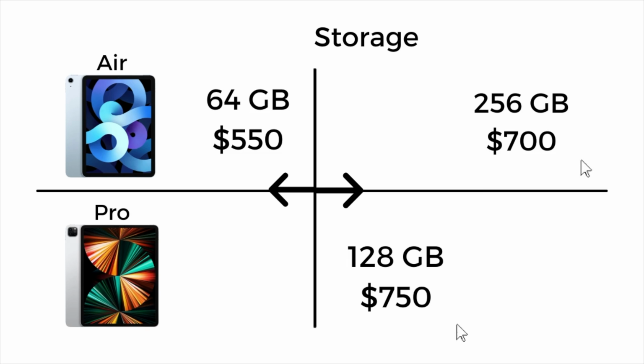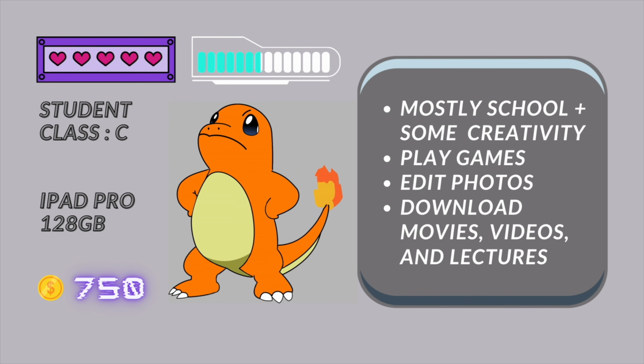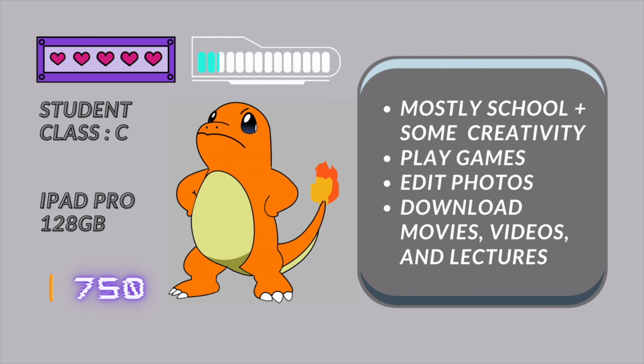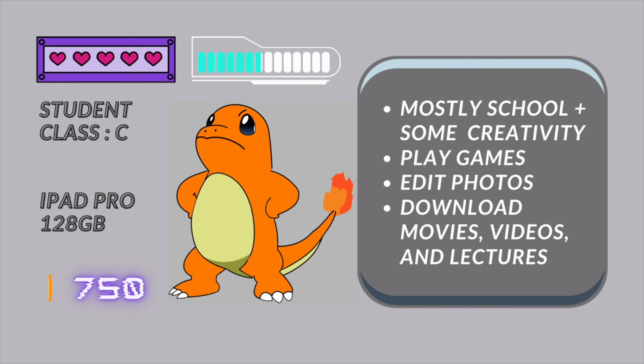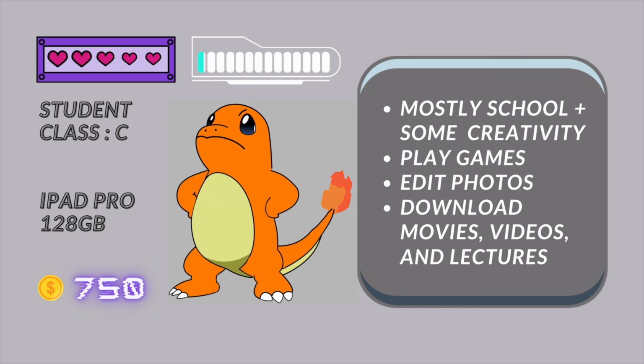And remember, if you want more storage, then the Pro and the Air are pretty similar in price at this storage range. If you plan to play a lot of games, some games can take a few gigs. If you plan to edit photos, storing photos on your iPad can take up a lot of space, especially live photos. If you plan to download a lot of movies or shows like from Netflix, or download your lectures to watch while you're offline or on the go, then you'll need a lot of storage.